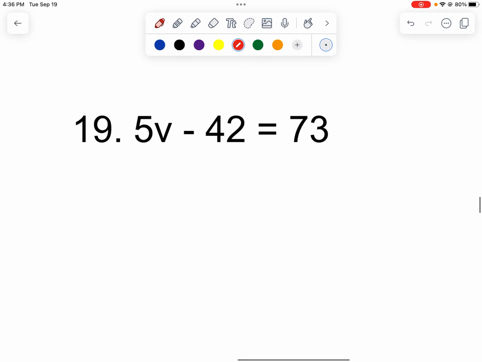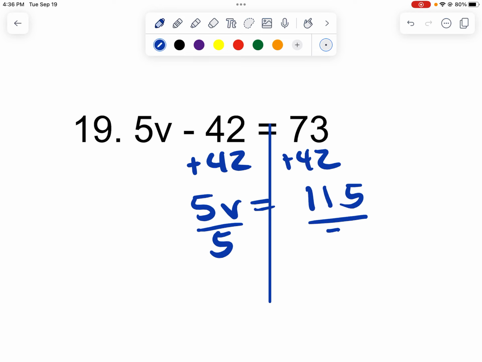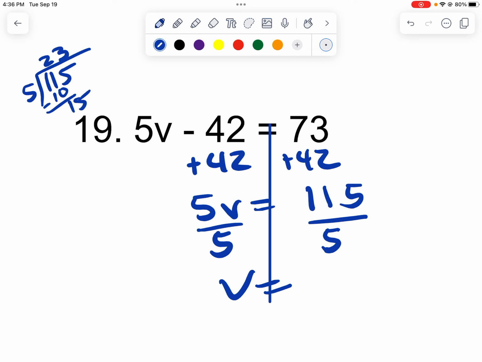Okay. Add 42 to both sides. 5v equals, that's a 5, so 115. Divide by 5 on both sides, and v equals 115 divided by 5. That goes in 2 times. That goes in 3 times, so 23.